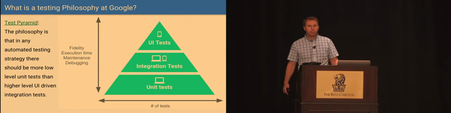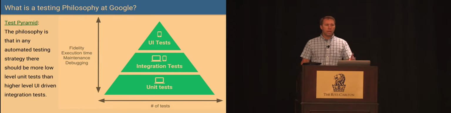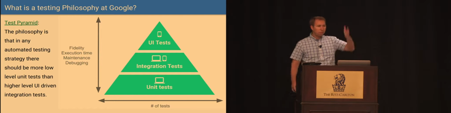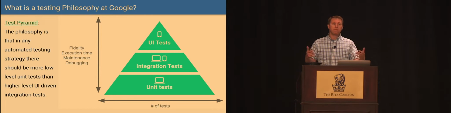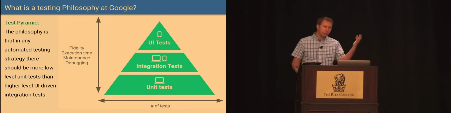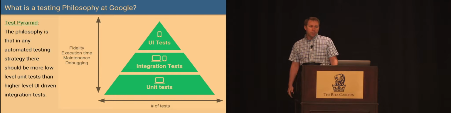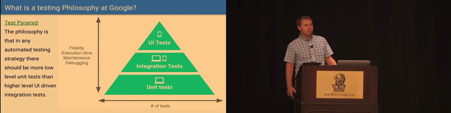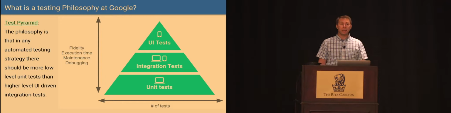As you can see, it's a pyramid, so the higher you go vertically in your pyramid, the fewer tests there should be. At least that's the idea behind the test pyramid. Also, the higher you go, the more you increase test execution time, maintenance of your tests, and the time you need to spend on debugging test failures.